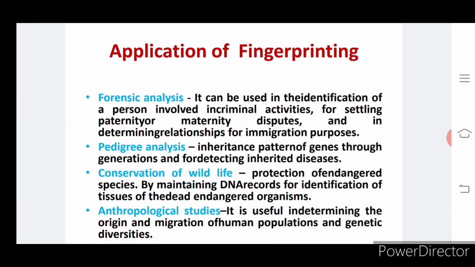In forensic analysis, it can be used to identify the person involved in criminal activities. Then pedigree analysis, the inheritance patterns of genes. In a family, certain characteristics may run, for example albinism. Maybe they have grey hair throughout, with no black hair, generation after generation.